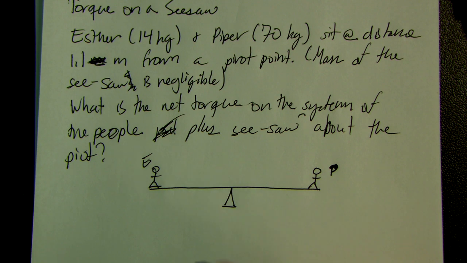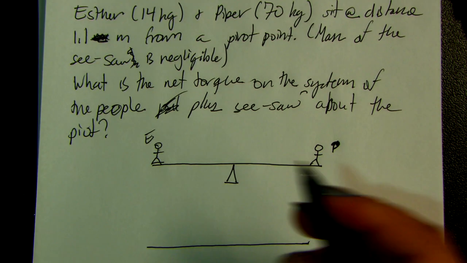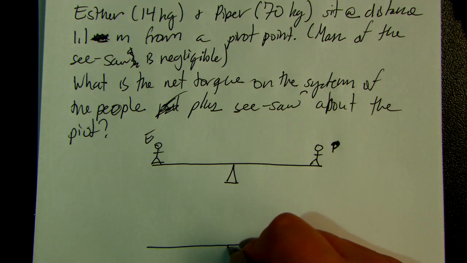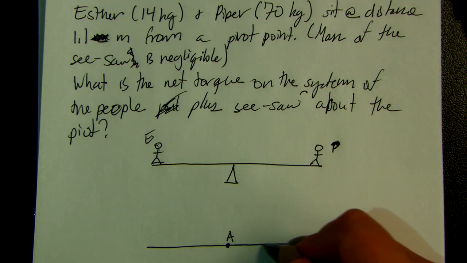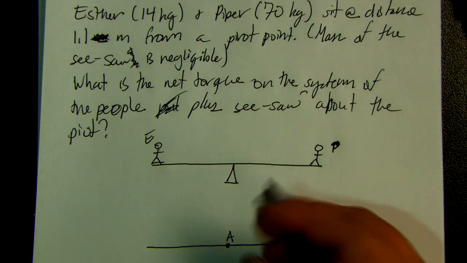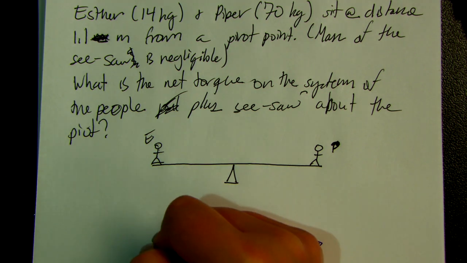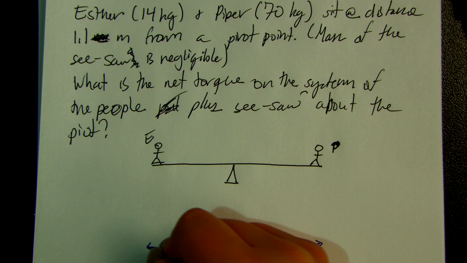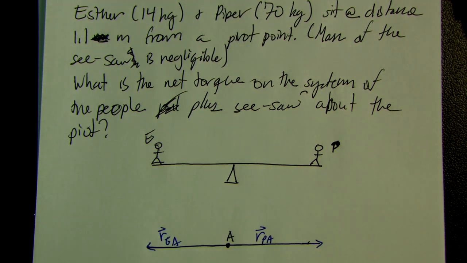Okay, so we would make this our A. So then this would be our PA. And this would be our EA. Now they have the same magnitude. They're both 1.1 meters away.